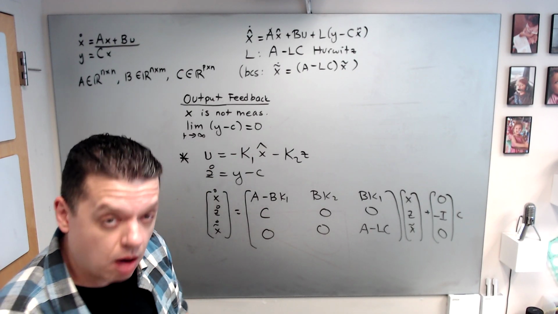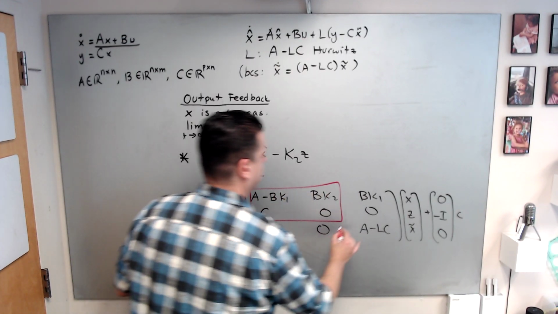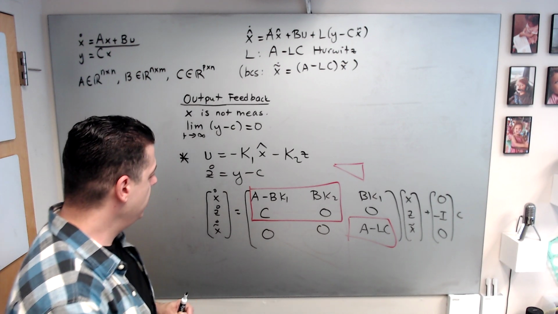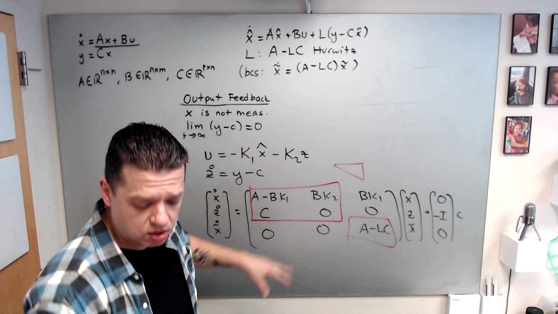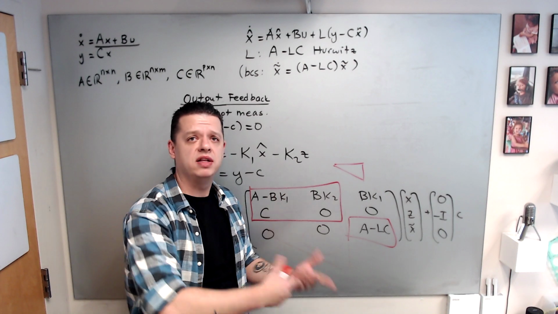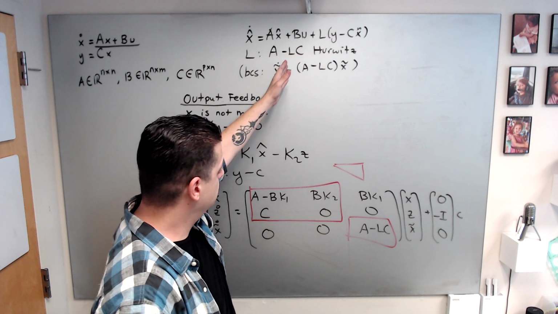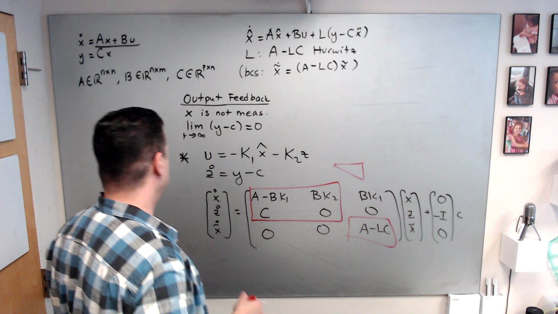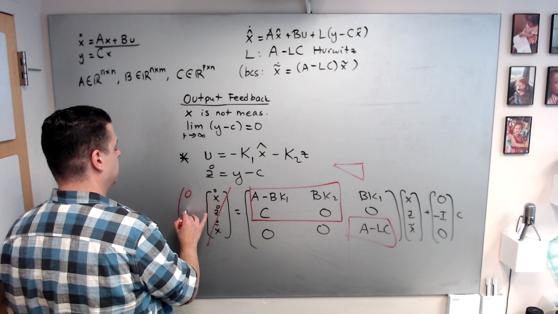Once again, we have an upper triangular structure. Because of this, if this is Hurwitz, which it is, right? You made it Hurwitz by choosing K1 and K2, the way that I showed you for the state feedback case, and A minus LC is Hurwitz because of this, so we can do an equilibrium point analysis by setting them to 0.